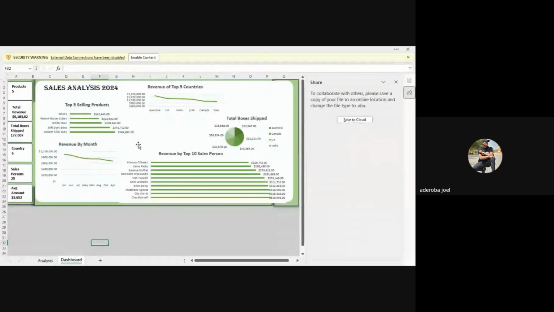Then revenue of top 5 countries. From the products which we sell, we notice we have high revenues from Australia, and Australia for 2024 was our highest country for which we sold and made money from. Then revenue by top 10 salespersons. Chess Bonnell deserves an award for this.